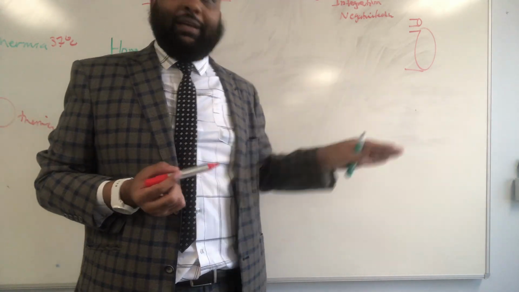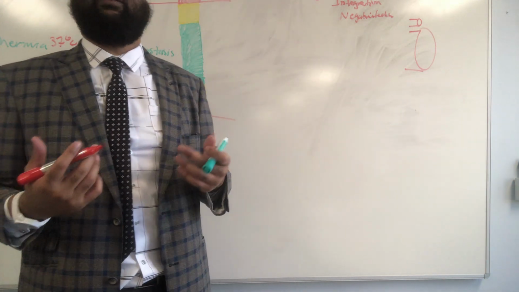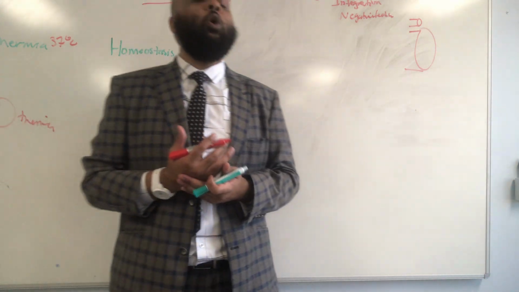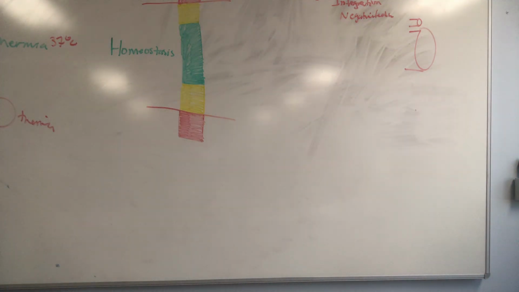If it's not working, there's an additional mechanism, sweating. So your body is going to perspire. It's going to secrete water. Water is a very special substance. It's the most miraculous substance. Water has so many properties that make it the most important substance for life. Water is a versatile solvent.